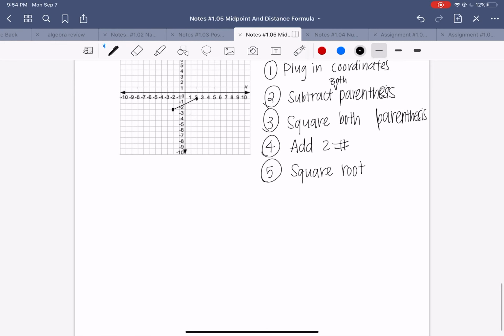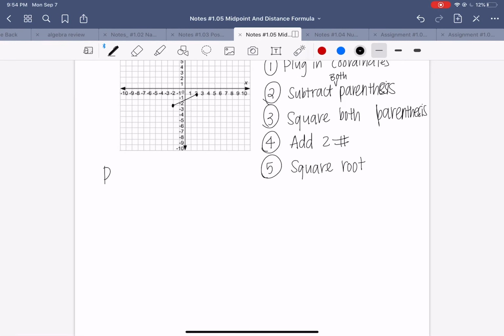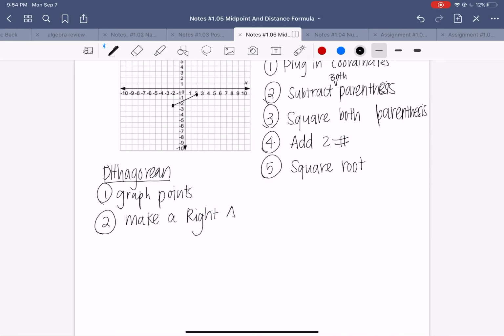If you're doing the Pythagorean theorem, step 1, you must graph the points. Step 2 is to make a right triangle with your points.